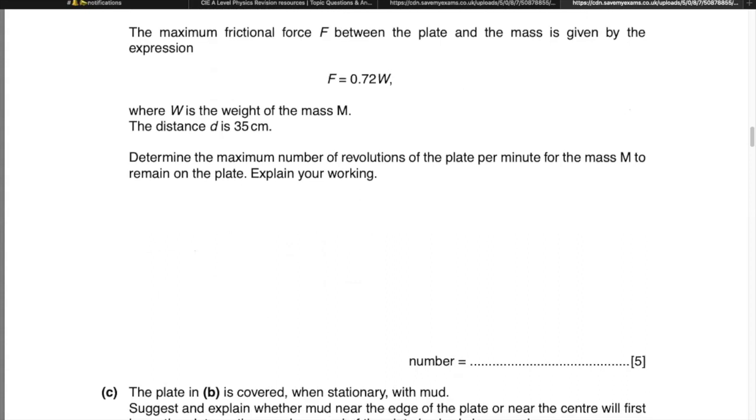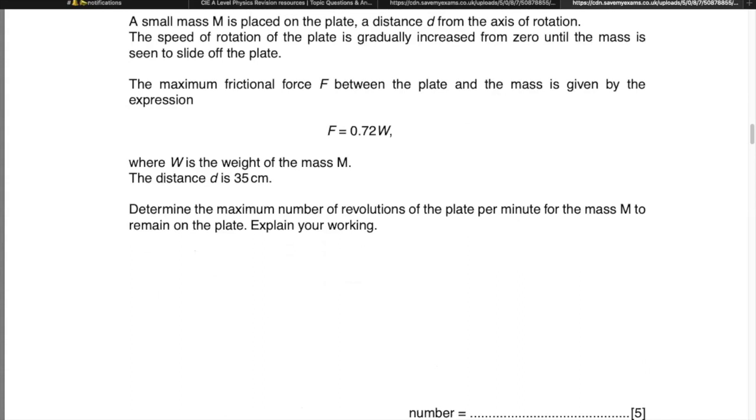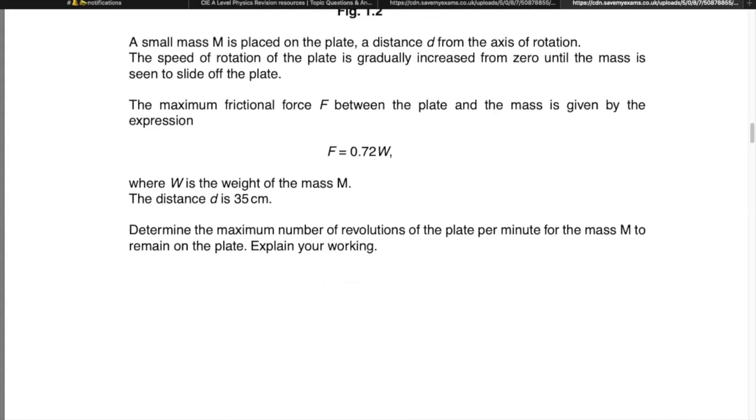It's a 5-mark question. I'm giving you guys a little amount of time. Let's see who can answer the question. If you need me to scroll up, just tell me, I'll scroll up for you. But for now, I am going to stay in this position. Okay, let's see who answers correctly.